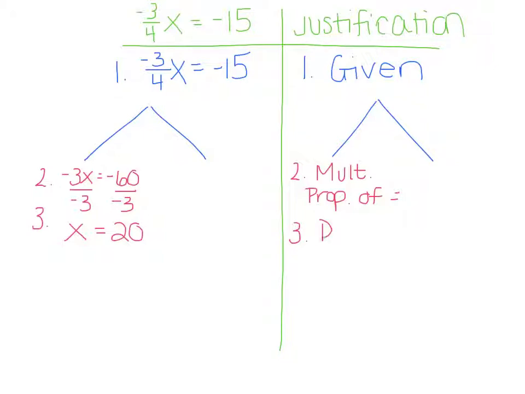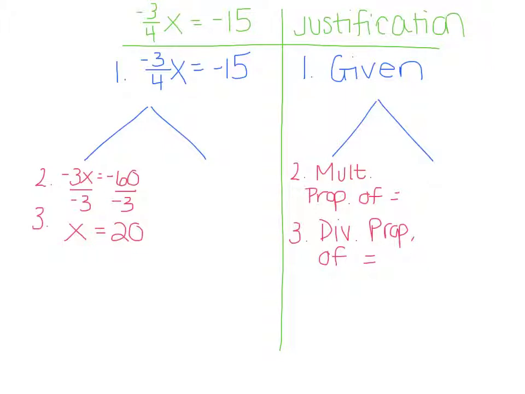Hopefully you're thinking to yourself, the division property of equality. So this is one way to do it. This is an extra step in here than the other way I'm going to do it, but for a lot of you this will be the best way.